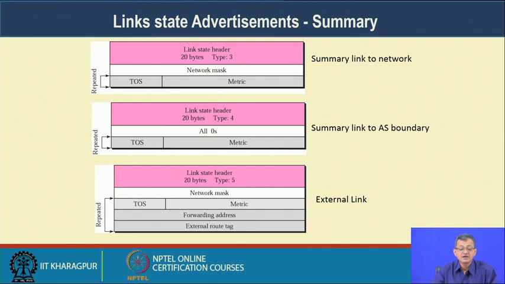Similarly, we have the link state advertisement or LSA summary formats, or the packet formats: the summary link to network format, summary link to AS boundary, and external link format. So, these are defined formats.